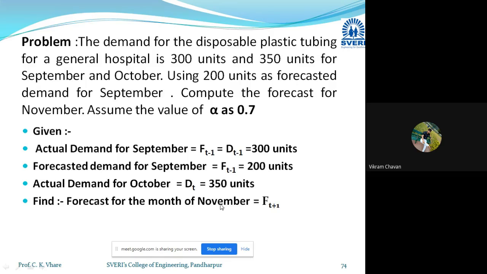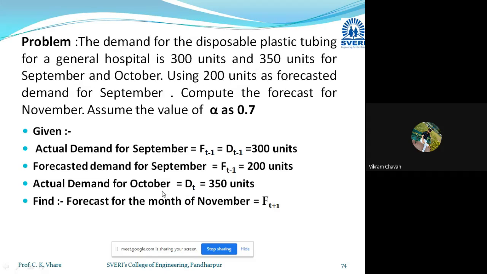Because to determine the forecasted demand for the November month, we require the data of the October month, that is, the actual demand of the October month and the forecasted demand for the October month. But in the problem only the actual demand is provided, the forecasted demand is not provided.